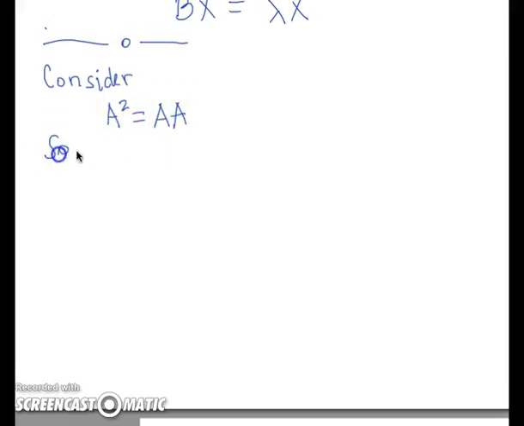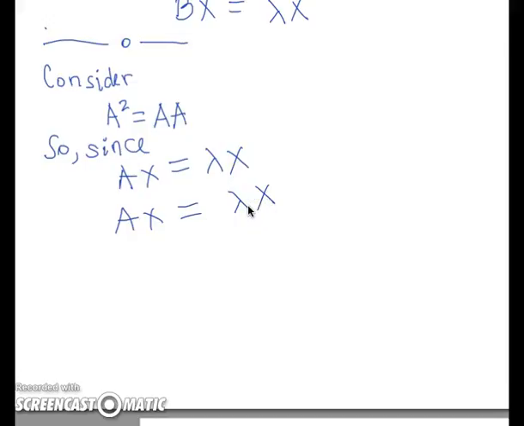So what happens if we're still operating with x being a non-trivial eigenvector associated with lambda? Since Ax equals lambda x, what happens if we multiply both sides of the eigenvalue-eigenvector equation by the same matrix A?